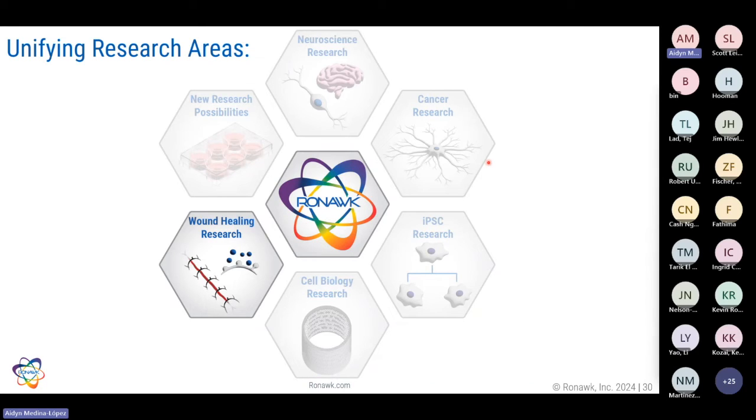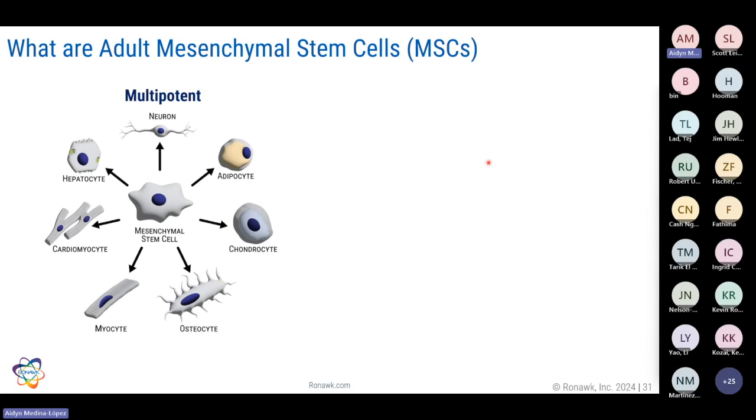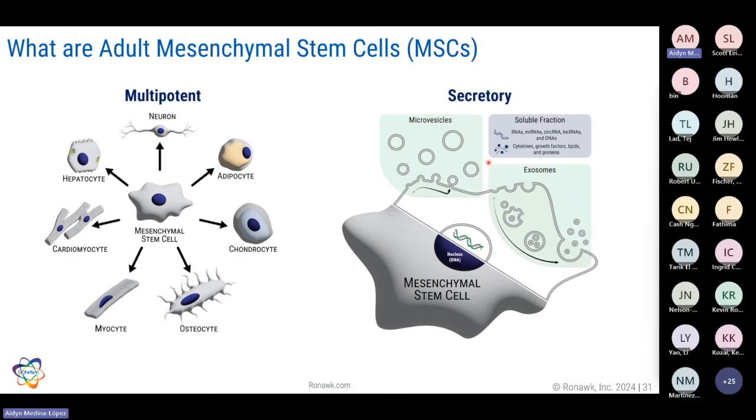Now, another research area that we're interested in, especially in-house, is wound healing. And for this, we focus on the use of mesenchymal stem cells and their potential secretome to help with new wound healing therapies.